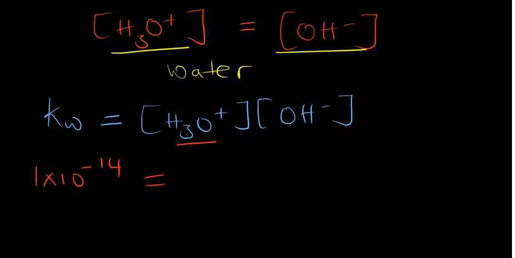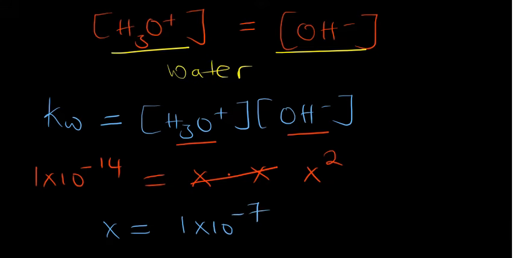If in a neutral solution like water these are equal, we can use a single letter to represent them, x times x, which gives us x squared. So the value of x will be the square root of 1 by 10 to the power negative 14, which is 1 by 10 to the power negative 7. That becomes the concentration of those two in a neutral solution.